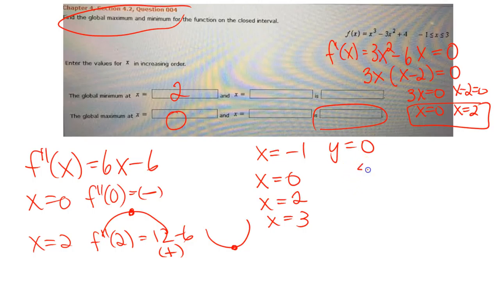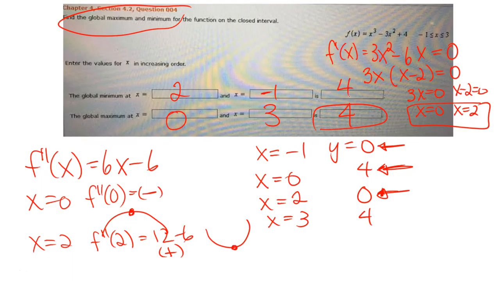At 0, it's 4. At 2, it's 0. And at 3, it's 4. All right, well, we already knew that we had a maximum here. But guess what? We also have it at one of the edges, right? And that's 4. And we knew we had a minimum at 2, but we also have it at the edge, negative 1.